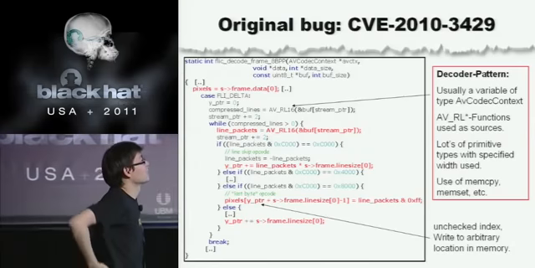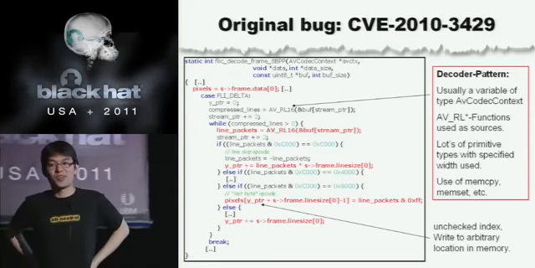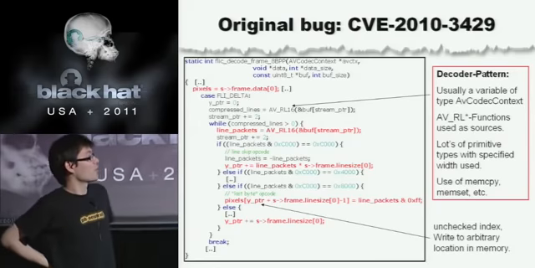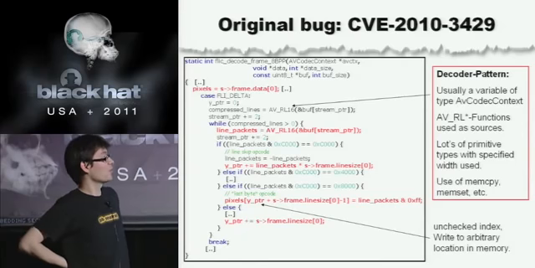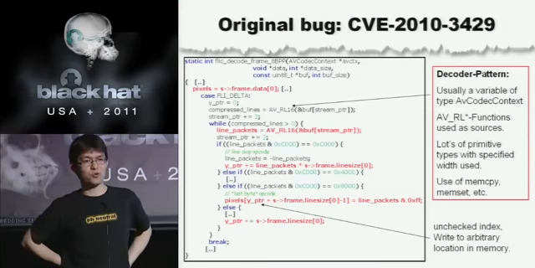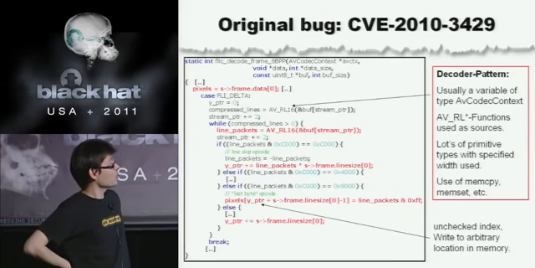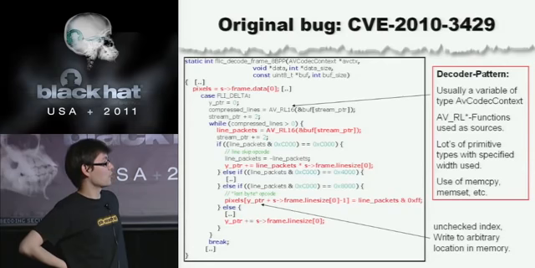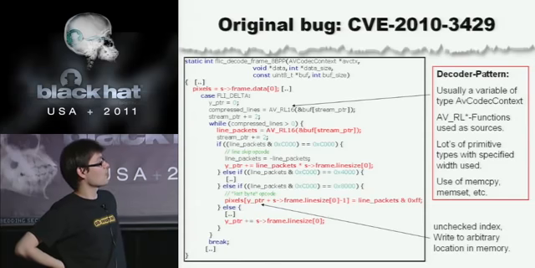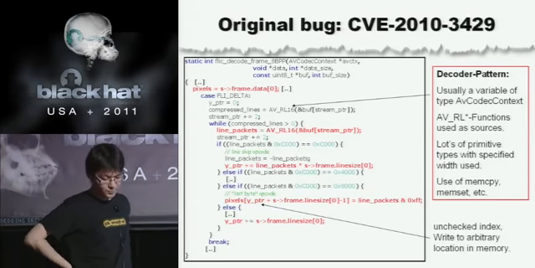So this was a nice story. I saw this bug on a mailing list in September 2010. It's a bug in one of the decoders, which probably allows arbitrary code execution. If we look at these decoders, they all follow a very similar pattern.